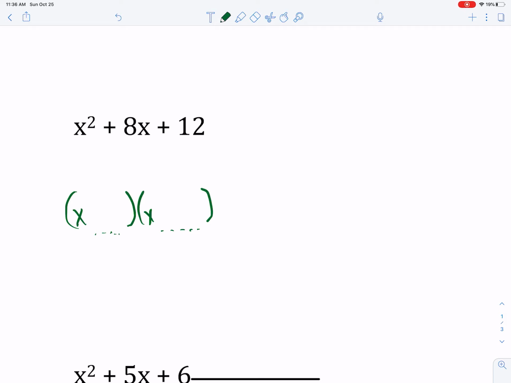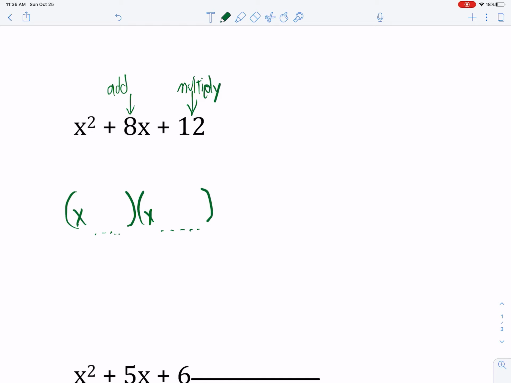And the whole key is remembering what we said a second ago. We're going to try to find two numbers that add up to 8 and multiply to be 12. There's really infinitely many things that would add to 8, but multiplying to be 12, there's not as many of those.